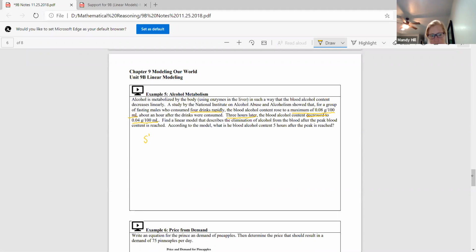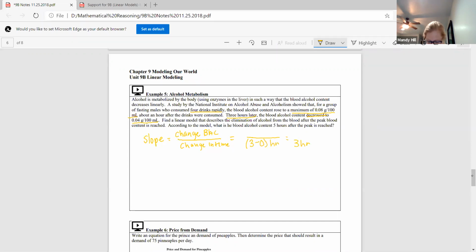So the first thing we need to figure out is what the slope is. On this problem, the slope is going to be the change in our blood alcohol level over the change in time. Well, we already talked about the fact that 3 hours have gone by. So the change in time is 3 hours.